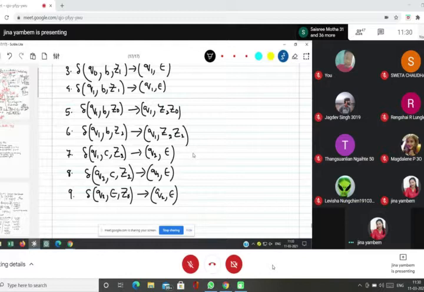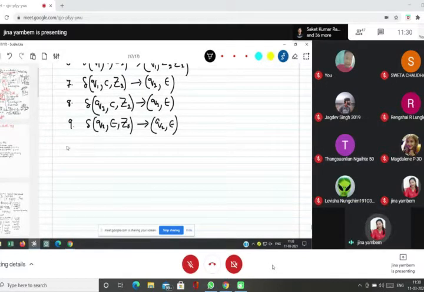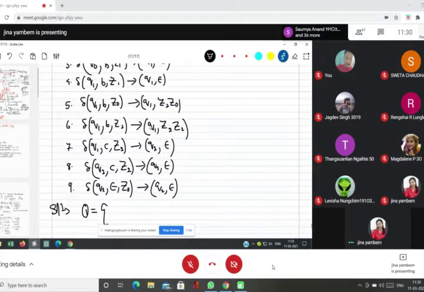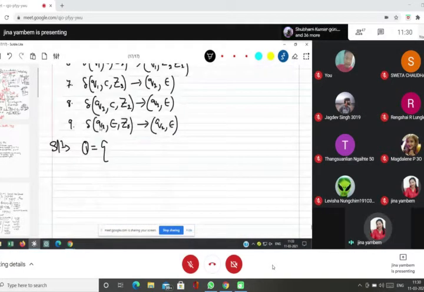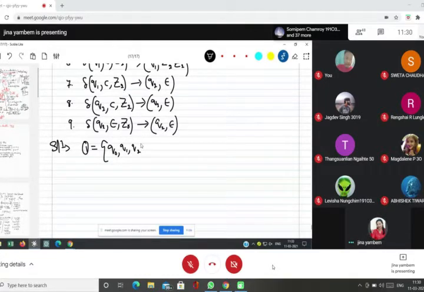Before I proceed with the rules, I need to know how many states are present in the given push-down automata. Let me scan the states: q0 is there, q1 is there, q2 is there. So q0, q1, q2 are there. The number of states is equal to 3.